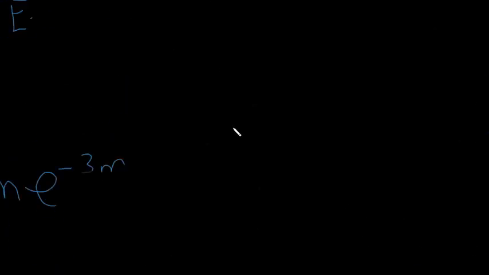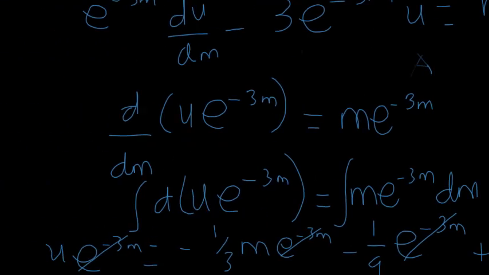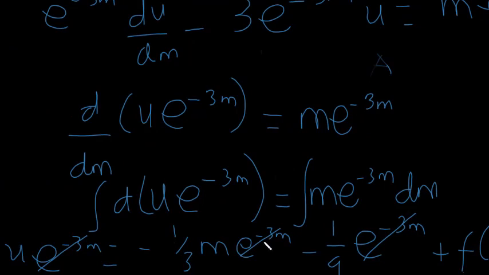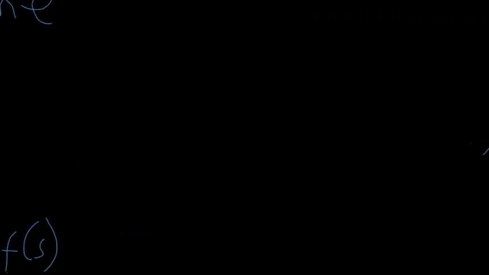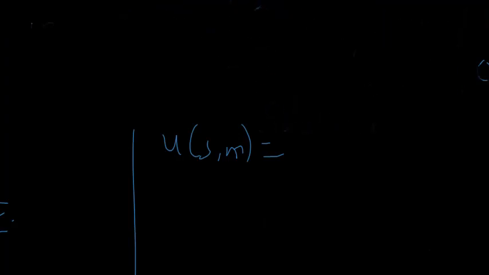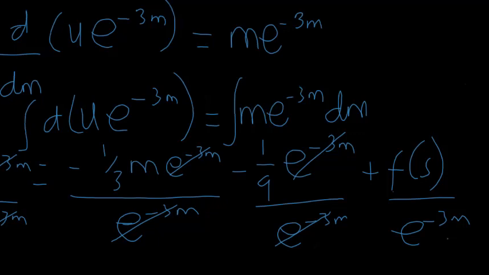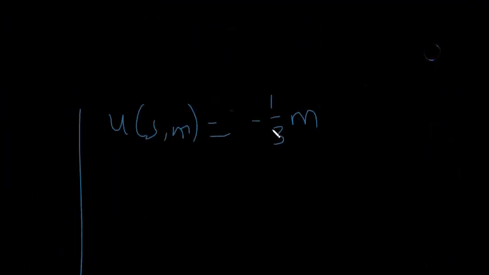All right, so I have u of s and m being equal to negative 1 over 3m, minus 1 over 9, plus f of s.